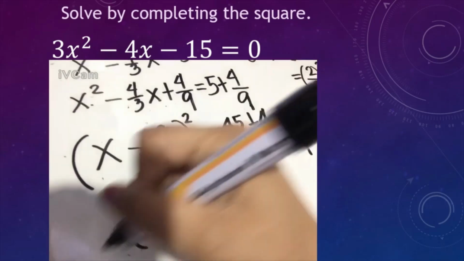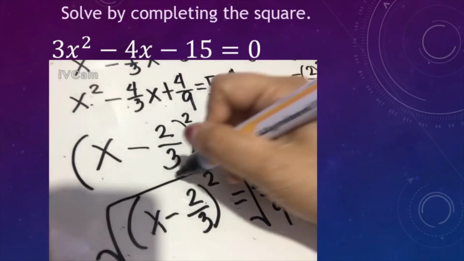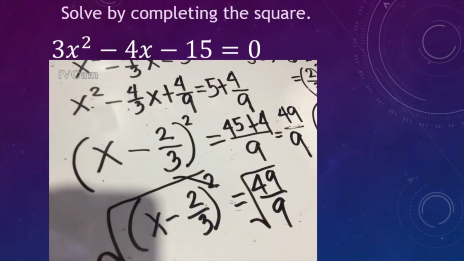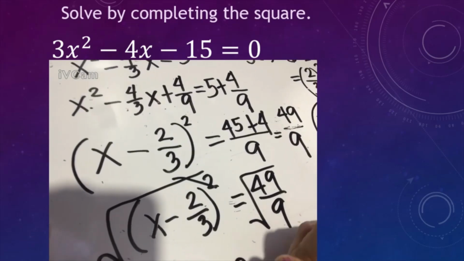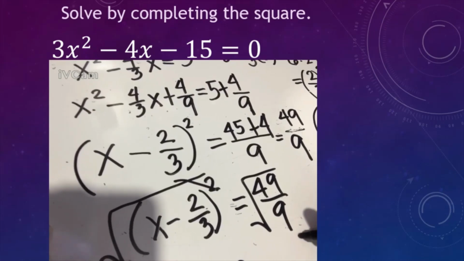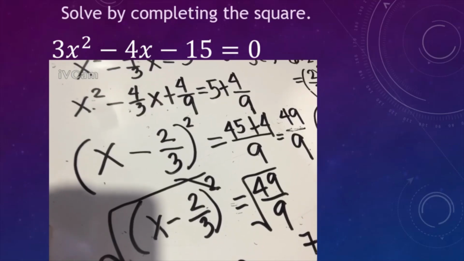We will take the square root of both sides of the equation. And after that, cancel the square root, the radical sign, and the exponent 2. And the remaining term is x minus 2 over 3 is equal to, what is the square root of 49? It is 7, and the square root of 9 is 3.